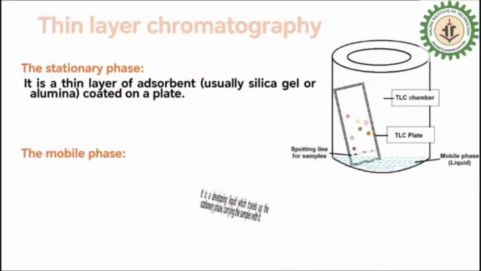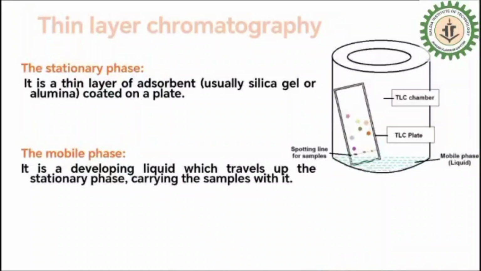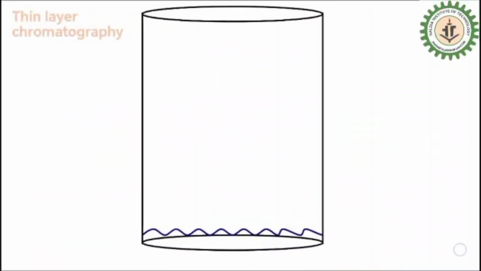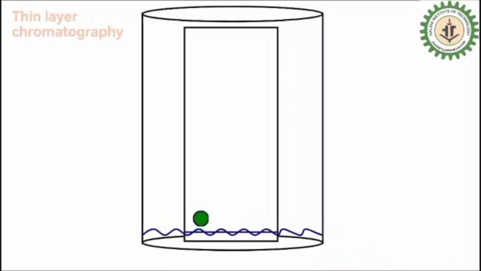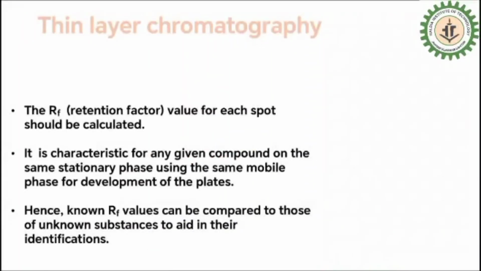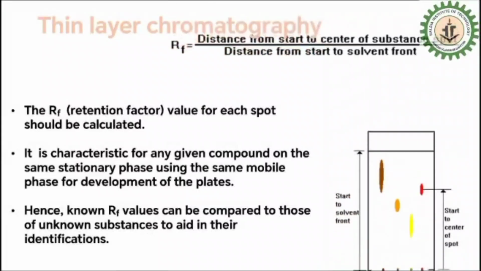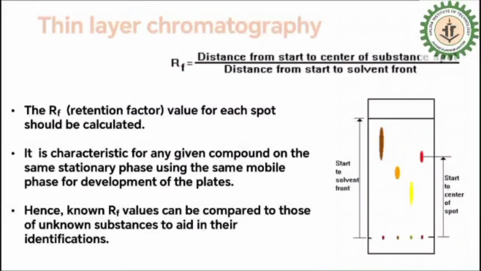You can also see the spotting line for addition of samples, and then as the mobile phase will move through the stationary phase, it will carry the solutes with it. And depending upon the partition coefficient, different solutes present in each sample will move apart from each other, and finally we can get colored spots in the TLC plate.